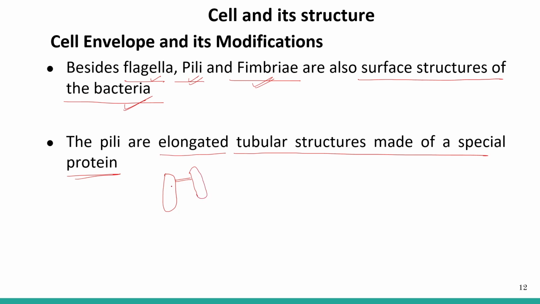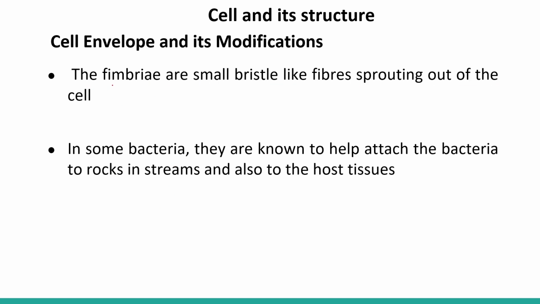In conjugation, the sexual reproduction in bacteria, they transfer their genetic material through this tube-like structure called pili, right? So this is its function. Fimbriae are small bristle-like fibers sprouting out of the cell. In some bacteria, they help attach the bacteria to rocks in streams and also to host tissue. So fimbriae are basically for attachment.